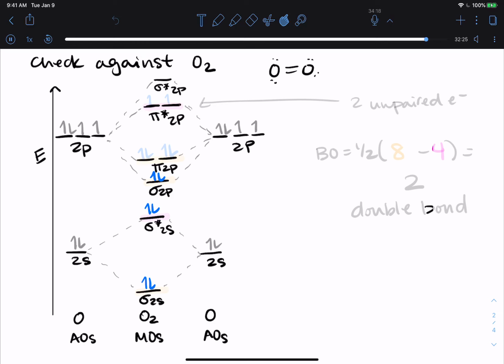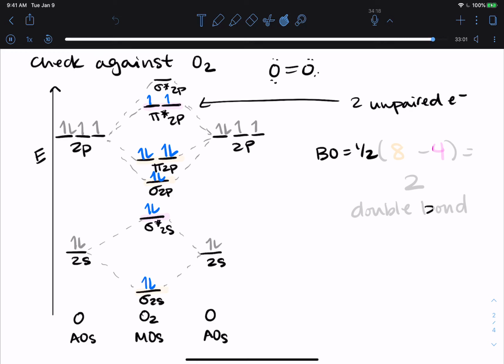So I'm at 6, 7, 8, 9, 10. Well, that one's filled. I have 2 left, 11, 12. In this pi star 2p, I have 2 unpaired electrons. So this is exactly where my 2 unpaired electrons show up in my MO diagram that I can't account for in my Lewis structure.